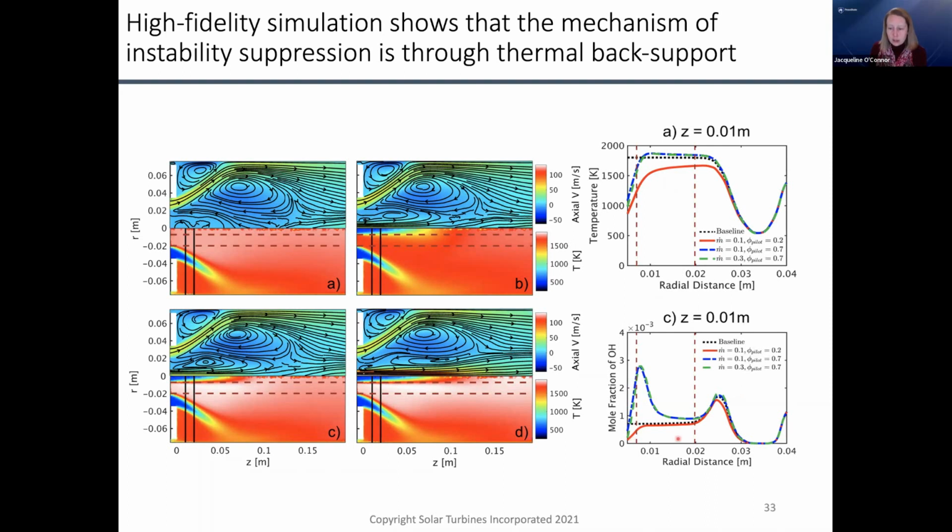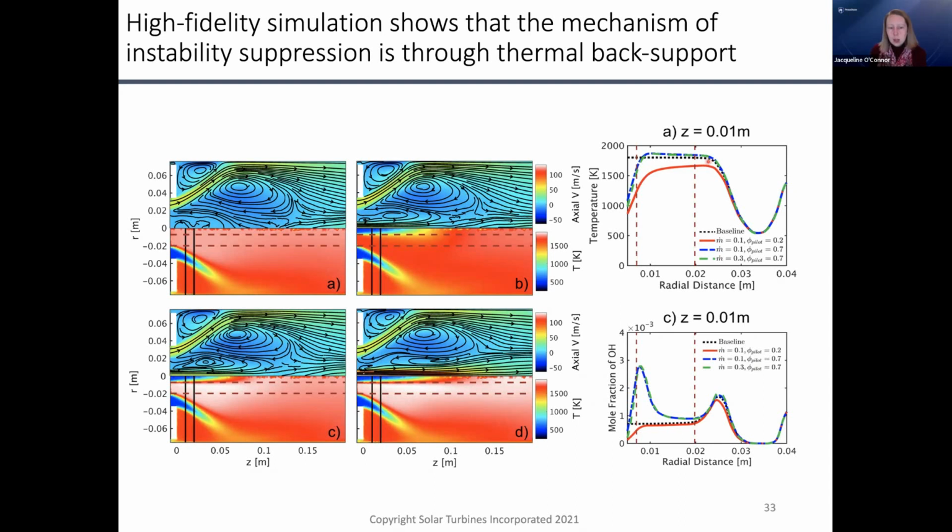Similarly, with the lean flame, you're kind of starving the recirculation zone of active radical species, whereas with the slightly richer, you are giving them a boost. And as you can see between the blue lines and the green lines, you get the same effect regardless of pilot flow rate.